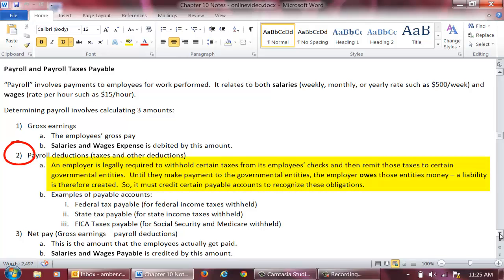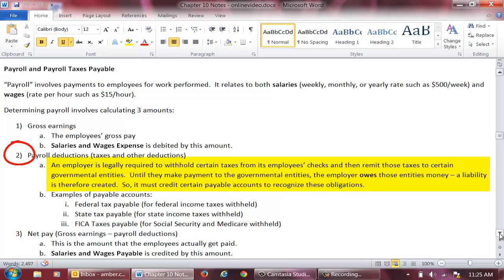They typically involve taxes that employers are legally required to withhold from employee checks and subsequently remit to the applicable governmental agencies. Similar to sales tax, these taxes are not income to the employer. They are income to the applicable governmental agencies. Until the employer remits these taxes to the applicable governmental agencies, it has an obligation to do so.